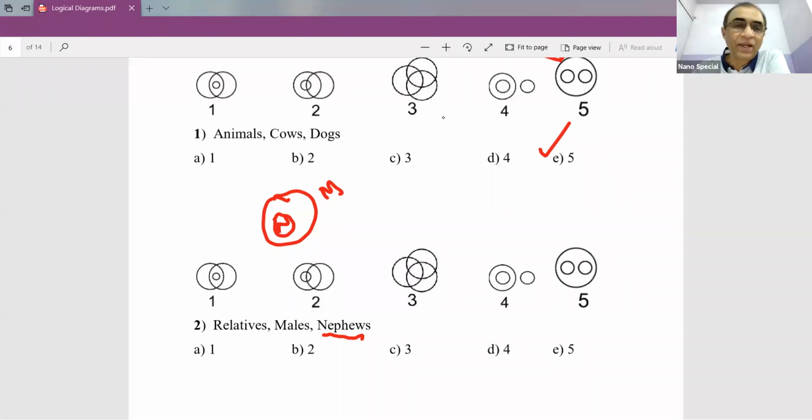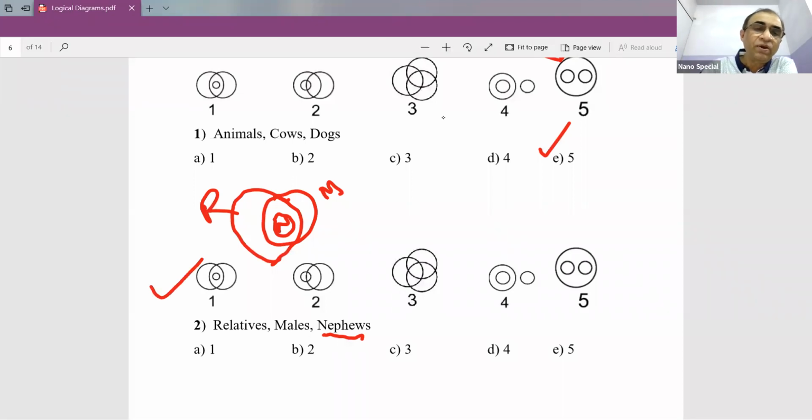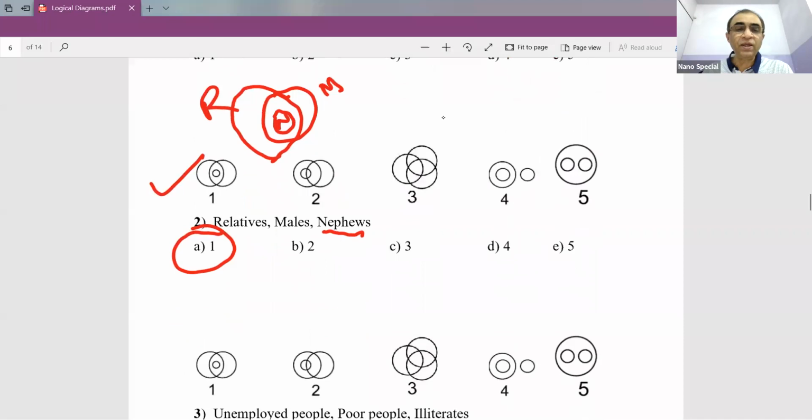So how is that relationship given? Like this. If you have relatives and males, there will be some overlap. Nephews will be a proper subset of relatives. So nephews are a subset of males, nephews are a subset of relatives. Therefore your answer is 1, and this is how you should tick. So don't make any mistakes. Simple questions, you should not make any mistakes.